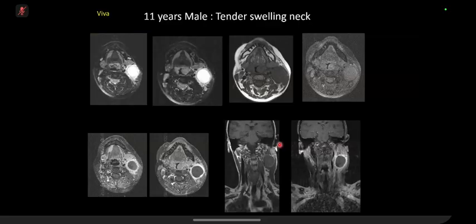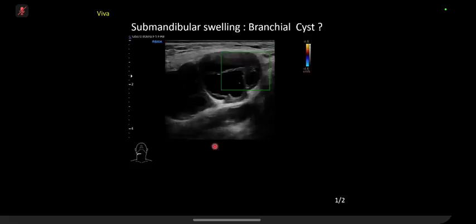In our case, that was not the case. You see, this is a second branchial cleft cyst where it is sitting in between. Location is the key, and this is infected because it shows enhancement.